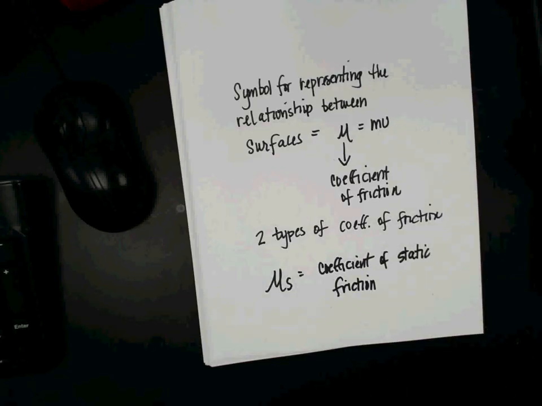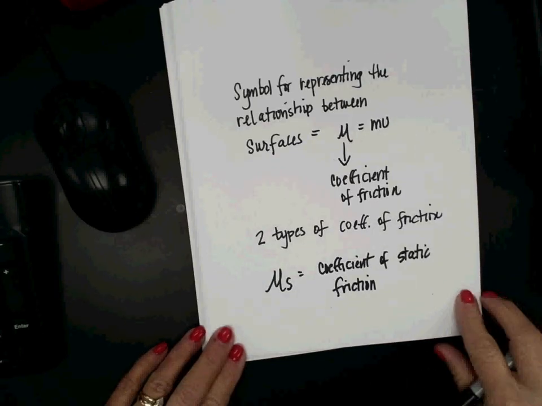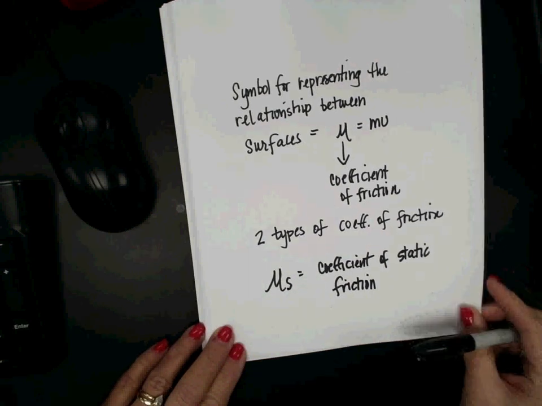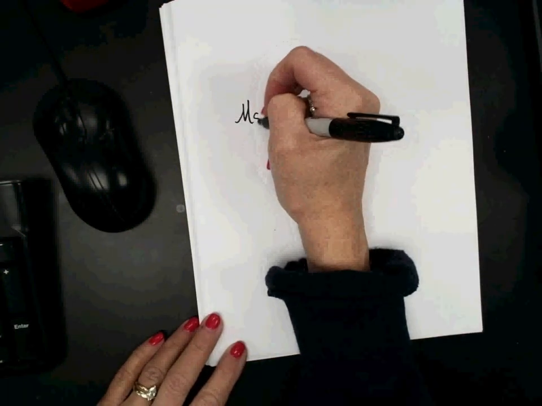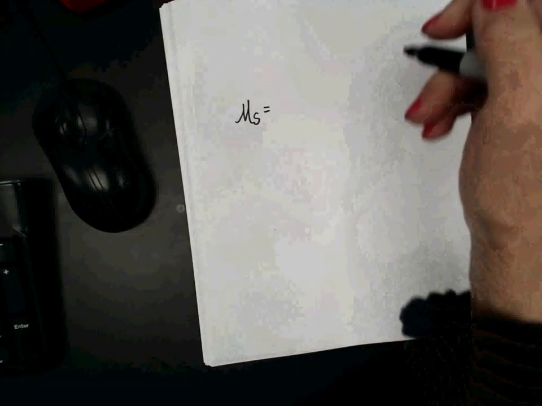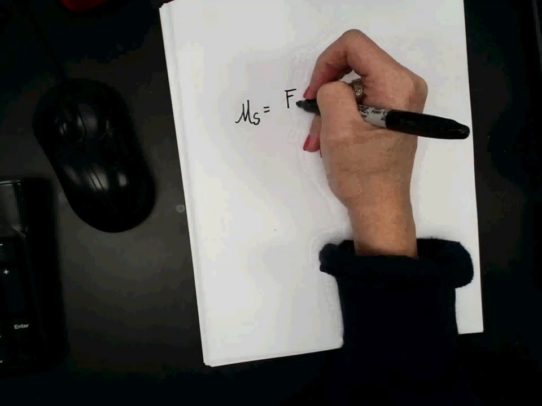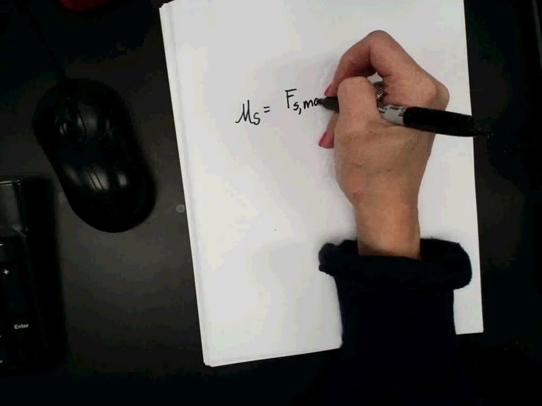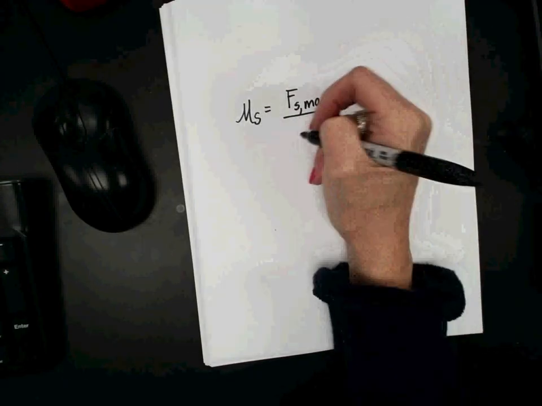So mu sub s represents the coefficient of static friction. And when I write this in a formula to use it mathematically, it looks like this. Mu s is equal to Fs max over Fn.